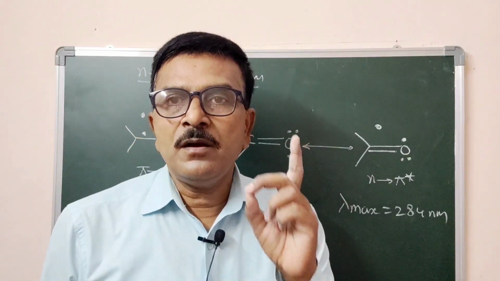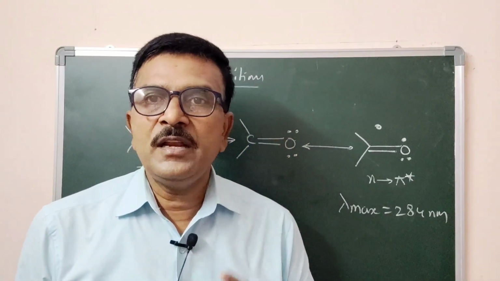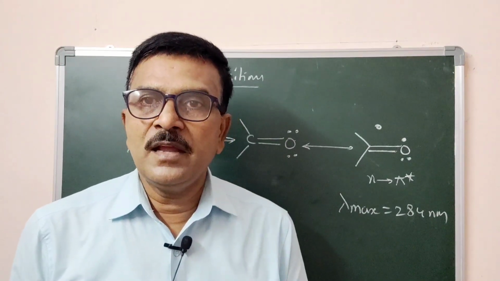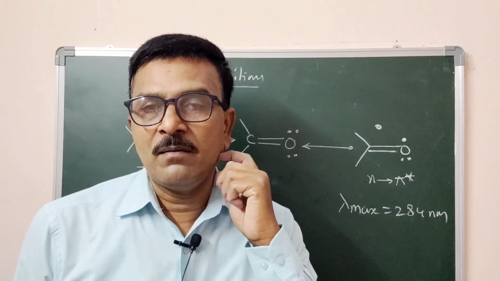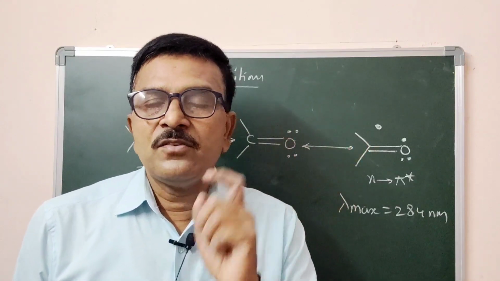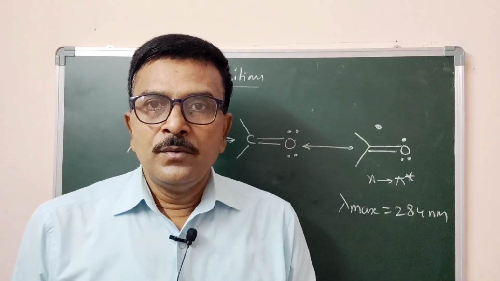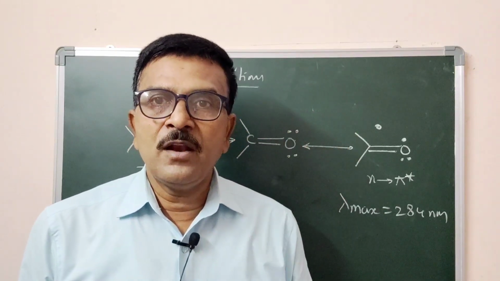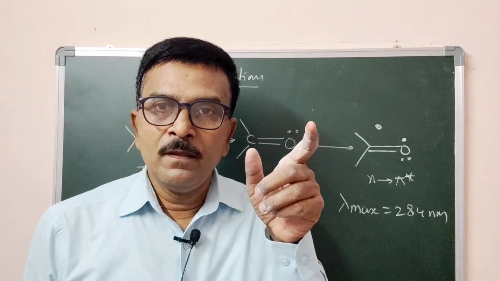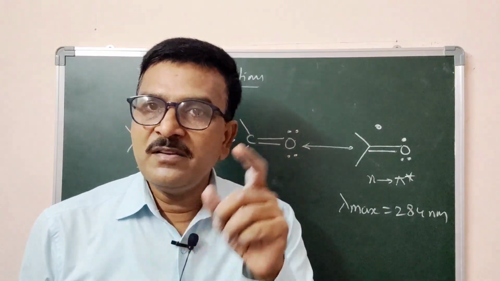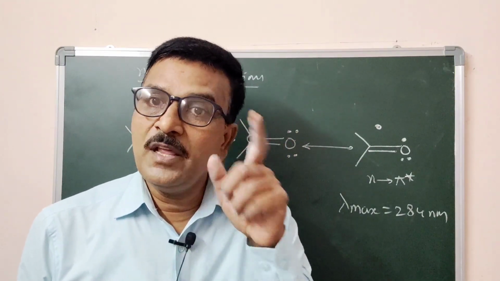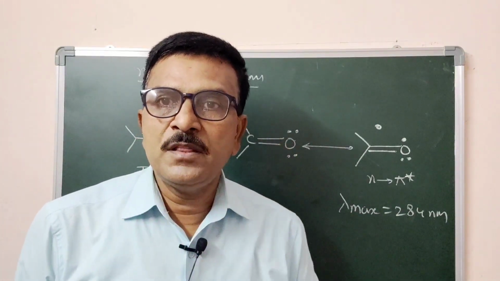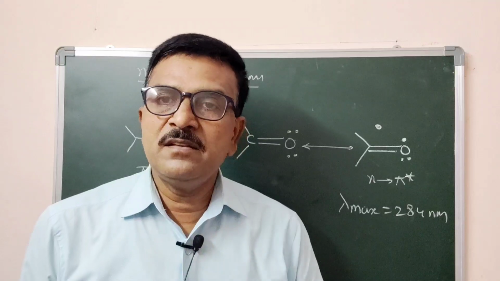For pi to pi star, the wavelength required is 270 nanometer. For n to pi star, it is about 284 nanometer. Now in this series, you observe, we have an instrument operating from 200 to 750 nanometer. In that, 150 is not available, 175 nanometer is not available. Therefore, the first two types of transitions are not possible in the UV spectrum, as the energy is not available.